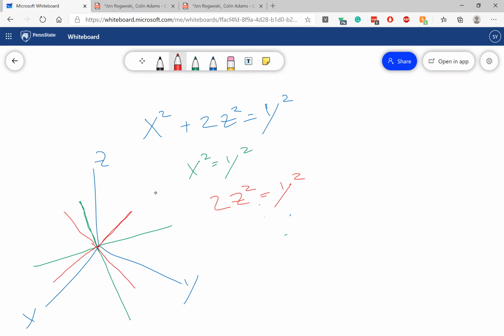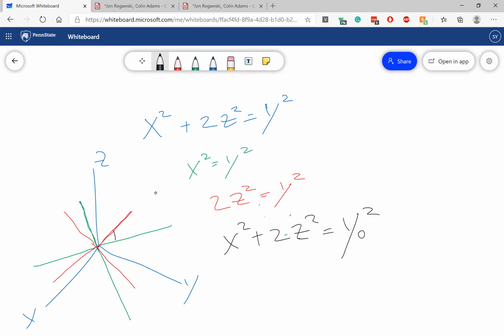And then when the y gets different values, so at x squared plus 2z squared is equal to y naught squared, so at different constants for y, we get circles or ellipses with the radius or a radius relating to that.